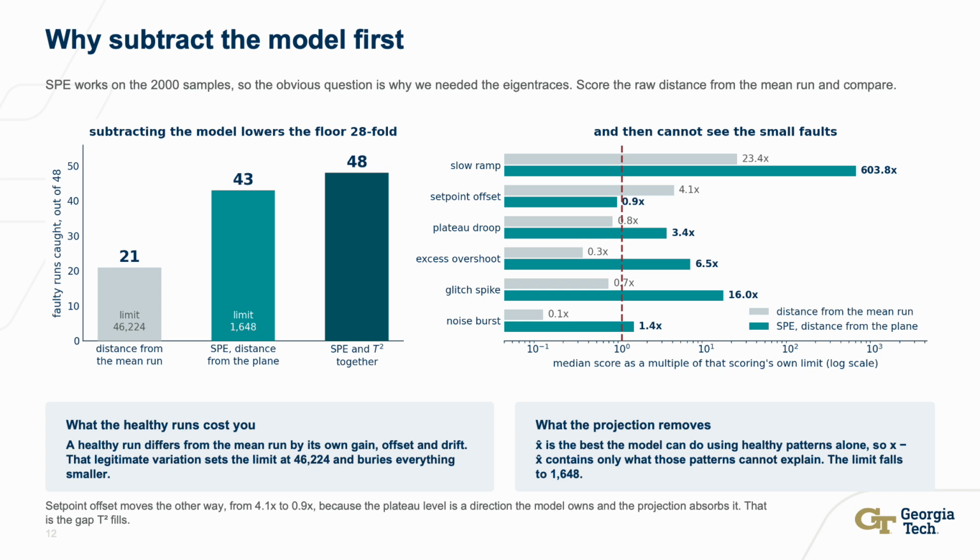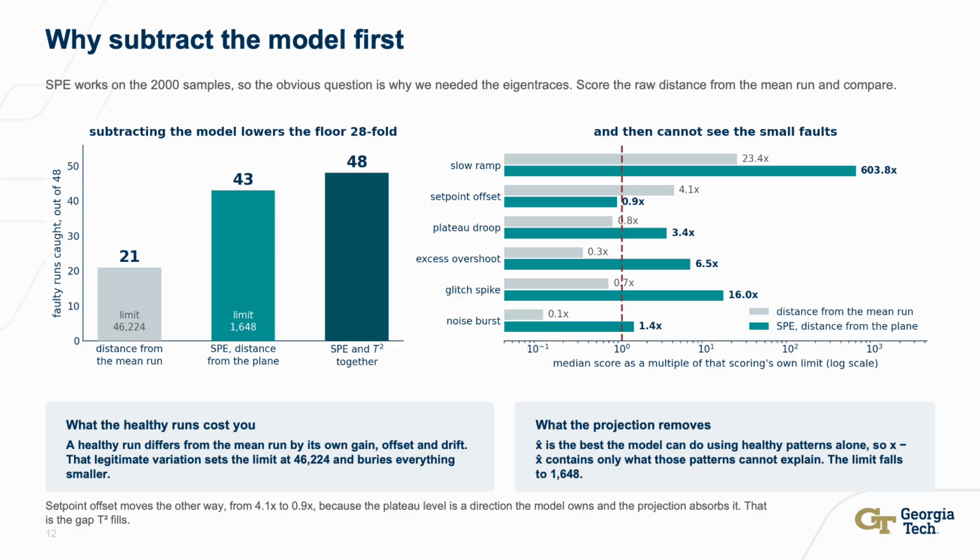Here is why. A perfectly healthy run does not sit on top of the mean run. It has its own gain, own offset, own drift. Those differences are real and they are large, and they set the limit, because the limit has to sit above every healthy training run. Anything smaller than normal healthy variation is therefore invisible. What the projection does is remove that variation before measuring.